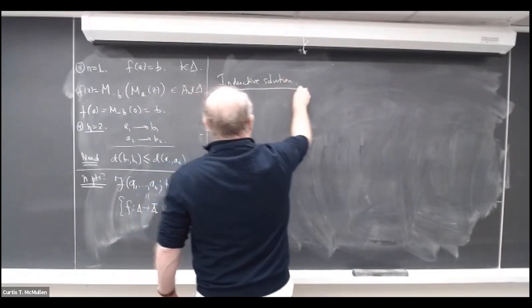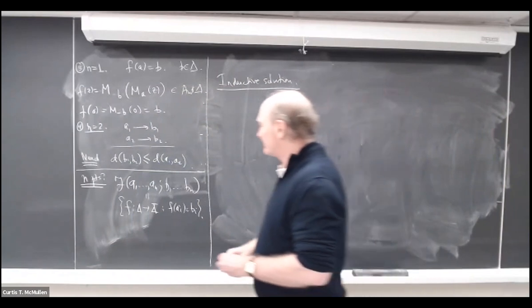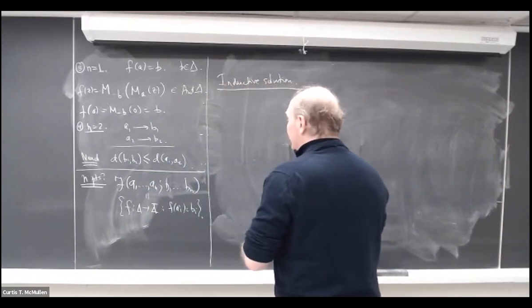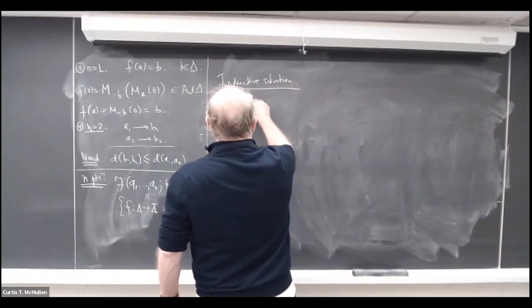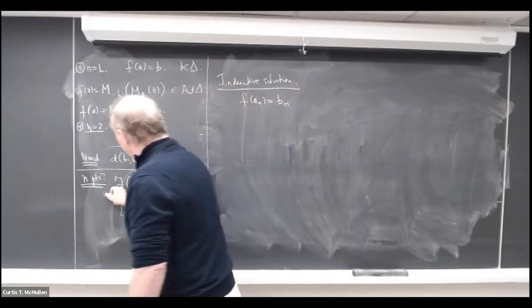What we want to do is describe all, not just determine whether or not the problem has a solution, but find all the solutions. So here's the solution. Suppose we know that f of an equals bn. So we have an element in this set here.